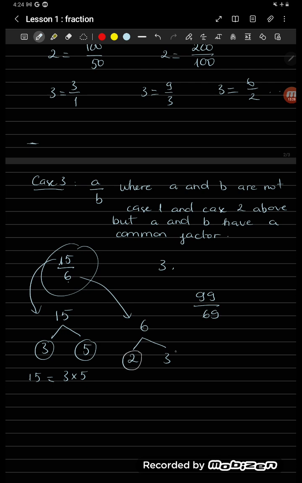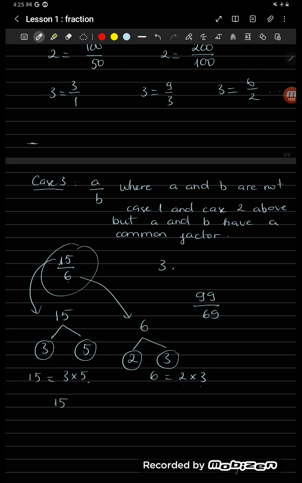So we circle 2 and 3, and now we write 6 as a product of 2 prime numbers, 2 times 3. And we look here, 15 is a product of 3 and 5, 6 is a product of prime numbers 2 and 3. So both of them have a 3. It means both 15 and 6 have the same common factor 3, right?